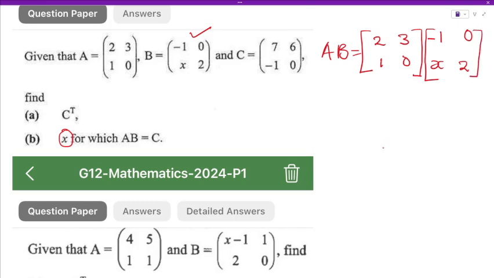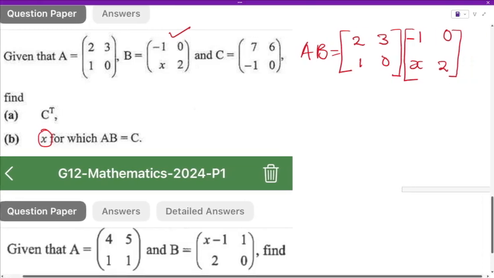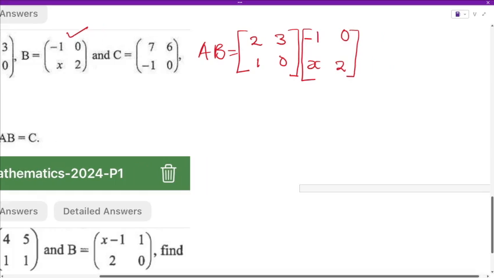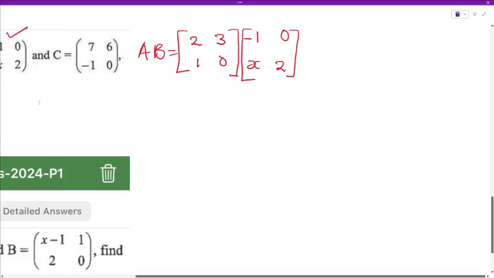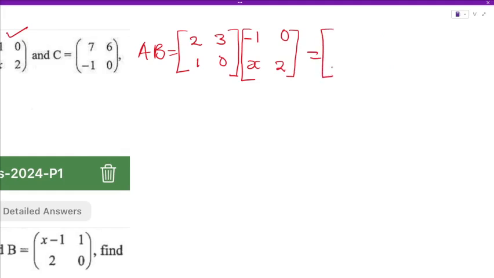Okay, so now here is the thing. Let me show you something. When you multiply these two matrices, the final answer you're going to get is going to be C. So let me just put an equals here. What do you get for C? 7, 6, negative 1, 0, like that. So now here's the thing. This row multiplied by this column will give you the topmost value here.